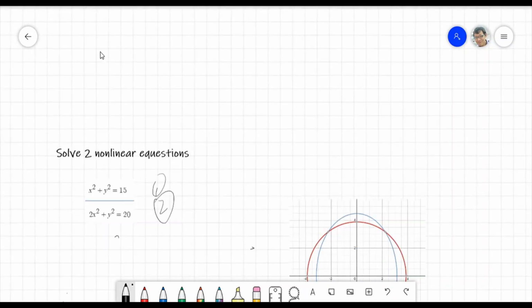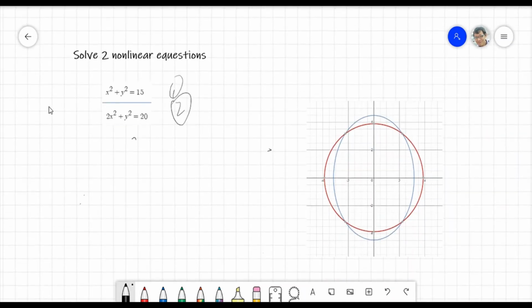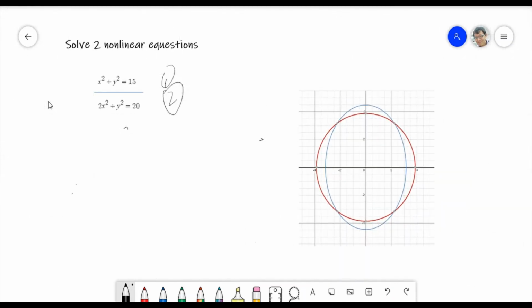So let's go to another one. Let's solve the nonlinear equation. This time we can see they have, not two circles, sorry, one is a circle. The first one is a circle. The second one is an ellipse, right? For this one, definitely you will choose elimination, because it's quite clear.